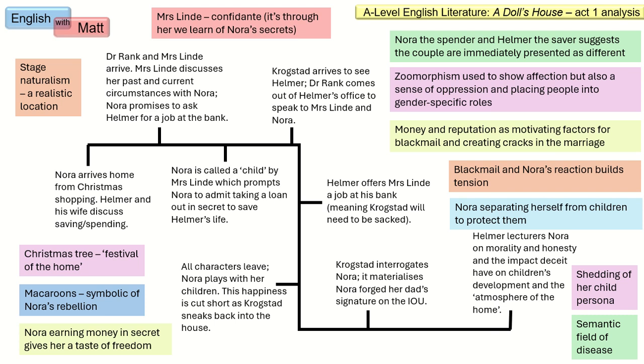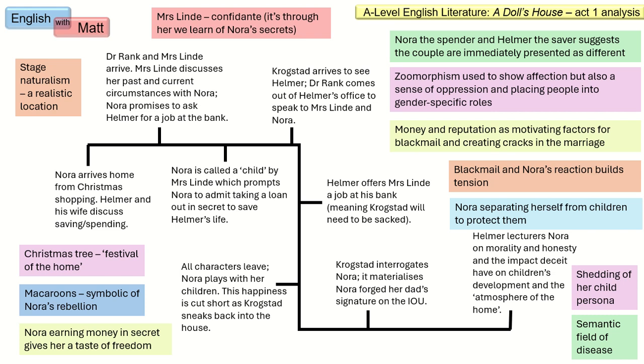The blackmail builds tension and the ticking down of time to the ultimate conclusion and resolution of the play. And of course, as the act develops, Nora's language moves from being a woman who is playing a role of this kind of housewife to her language being much more empowered and mature.